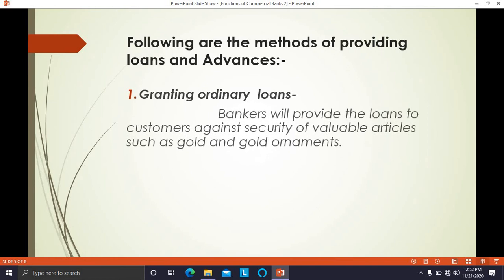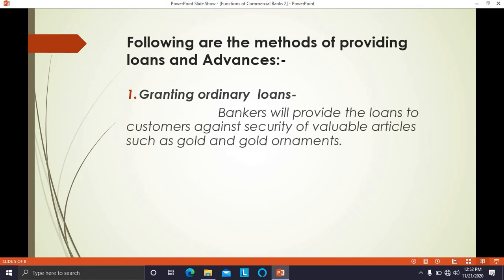The banker provides loans to customers against the security of valuable articles such as gold or gold ornaments. Whenever a person requires a loan, he has to keep a certain valuable thing as security with the banker. The banker keeps that valuable ornament, and in return gives the loan to the person who has kept the security with the bank.